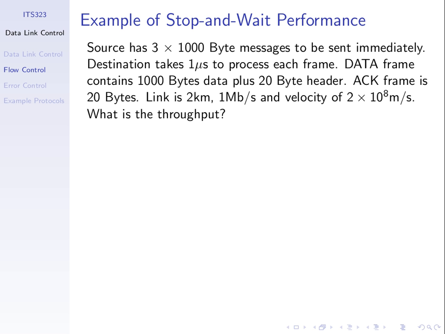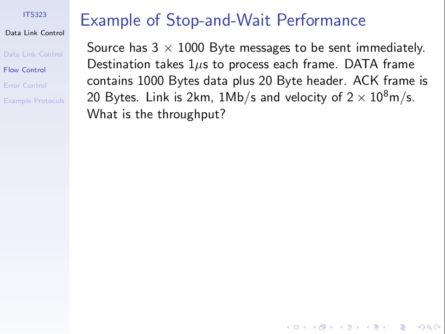Some people have said down, some have said up. If the propagation delay goes up, try and visualize this diagram. This time would be larger. If this was 10, now it's 1,000, the total time to send our 1,000 bytes would be larger.